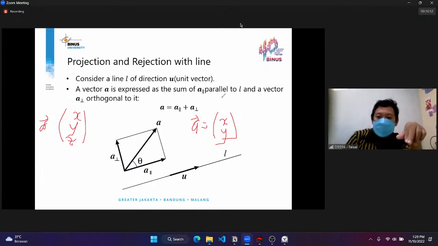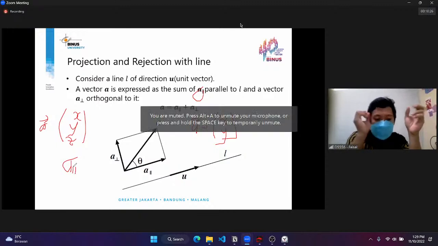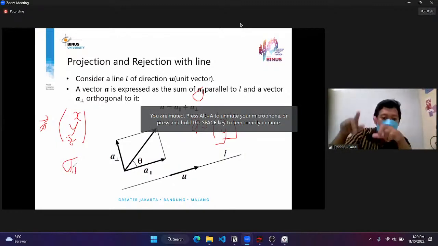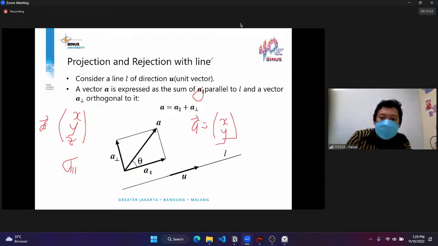The first vector is parallel to the line L, and we denote it by A with the parallel symbol as subscript, the parallel lines.